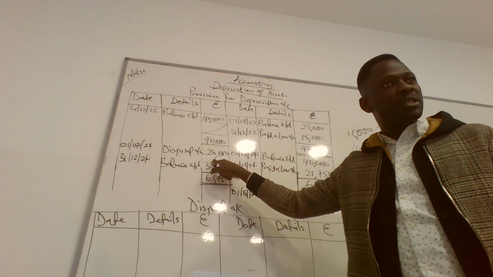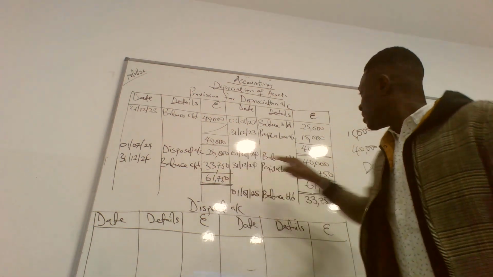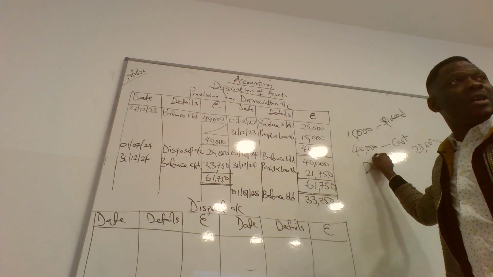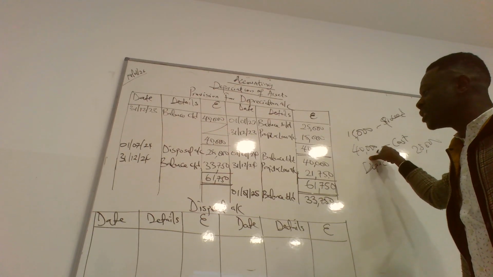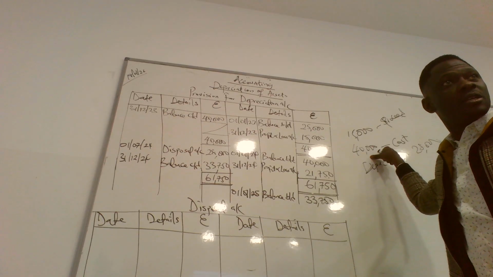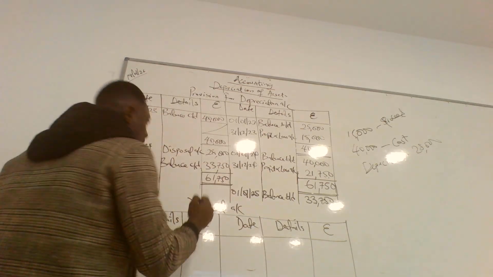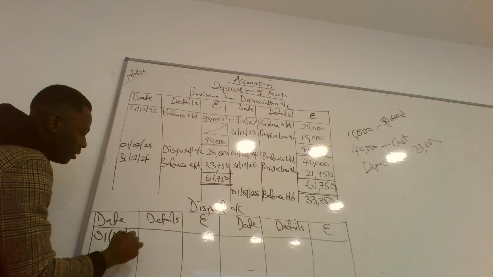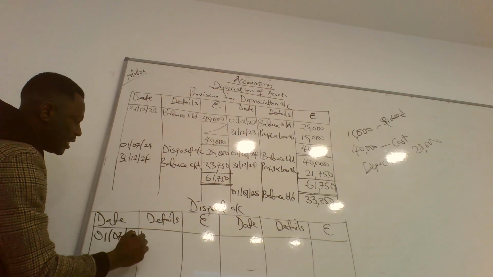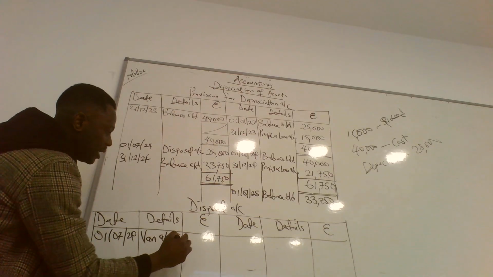Now look at the board, please, and stop writing. 28,000 was the depreciation charge on this motor van that was disposed. So the value of the vehicle that was disposed is 40,000. So that means in the disposal account we're going to have 40,000 as the van account. So here we have 17/2/24 van account, which is valued at 40,000, right?